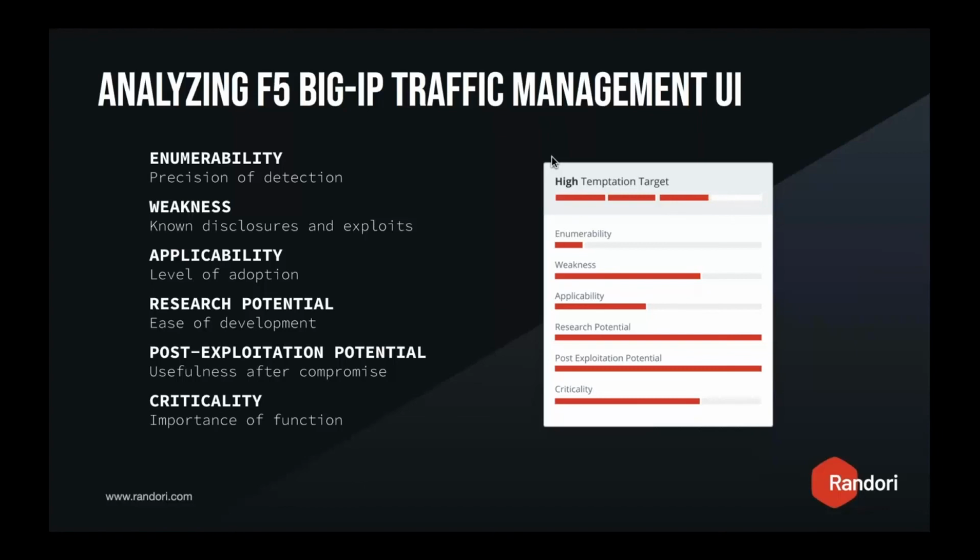And then research potential. So this is what we were talking about earlier, where the F5 is a general purpose computer. It's just a Linux system sitting there, and all of the tools on it are just common software, Apache, Java, all that kind of stuff. So as an attacker, I want to know what the environment is going to be like, and if there is research for this already, or what I'm going to have to try to figure out how to research.